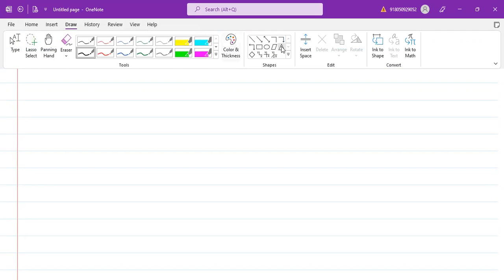So let's take a triangle ABC. Okay, so this is A and this is B and this is C. So they have given that D is a point on the side BC. So let's take a point D here. So this is our D.